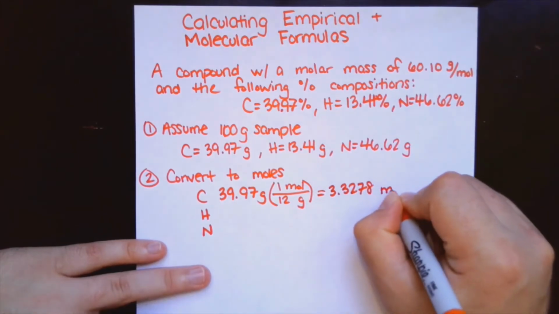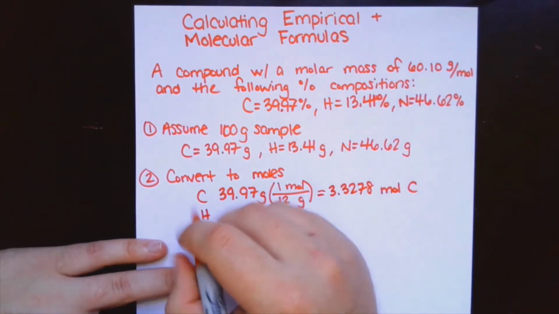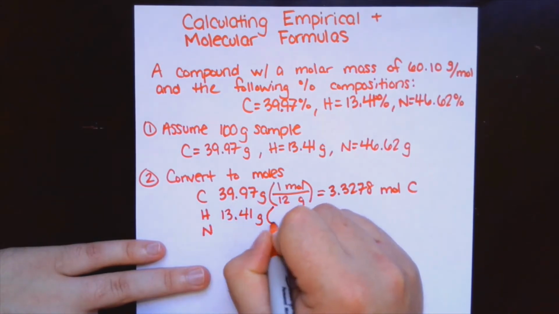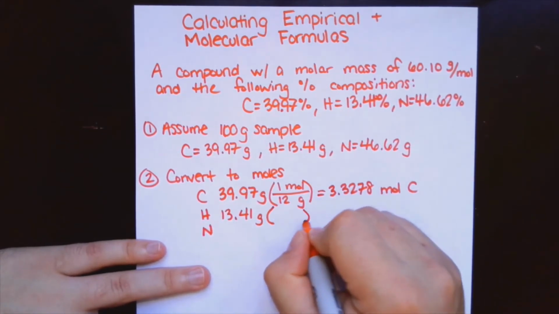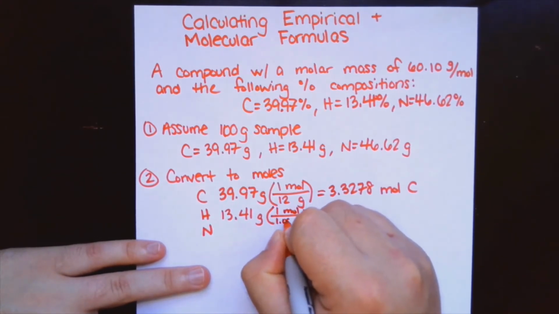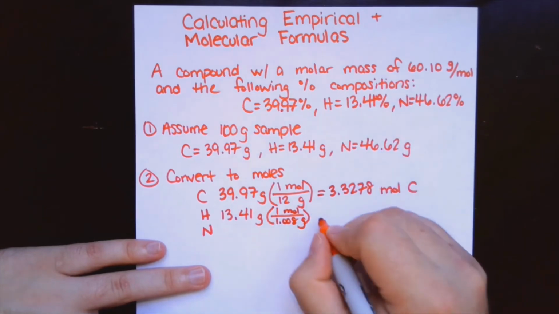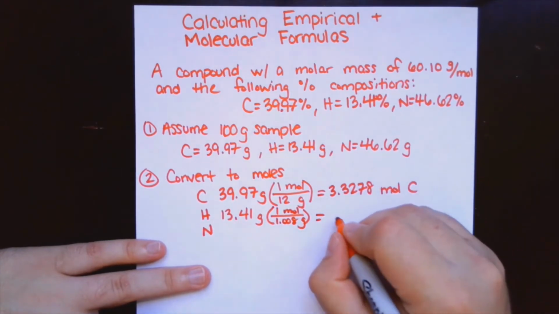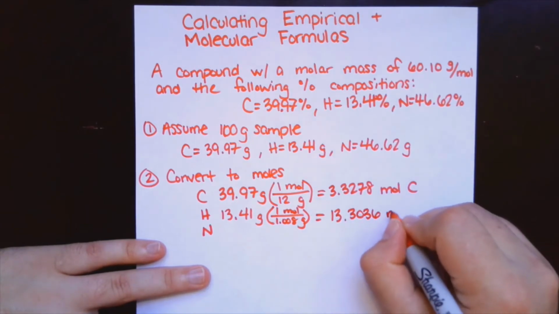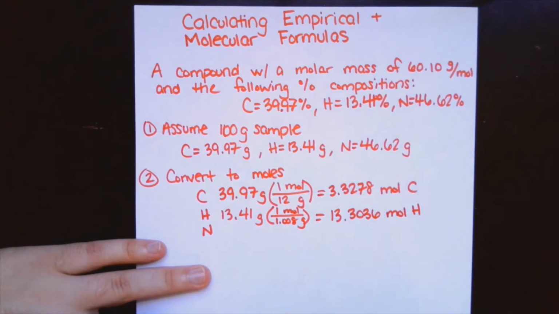That's going to give us 3.3278 moles of carbon. Hydrogen, 13.41, and this is 1 mole per 1.008 grams. It's going to be 13.3036 moles of hydrogen.